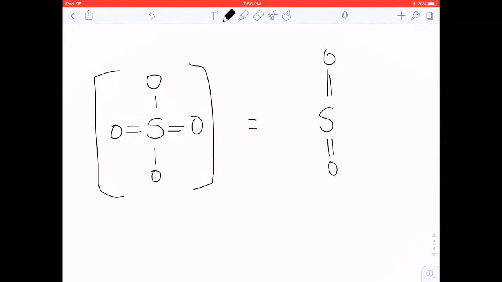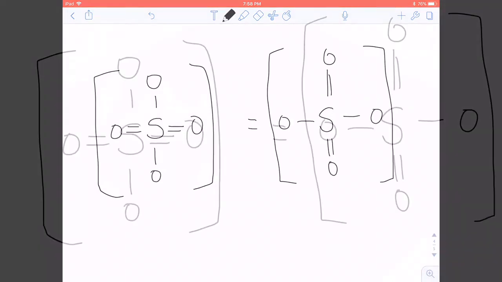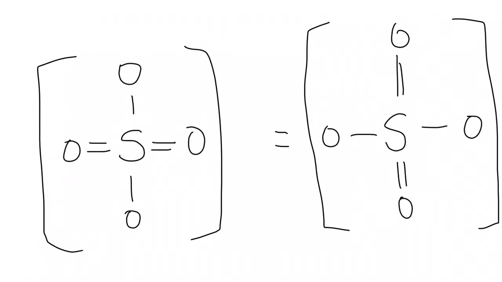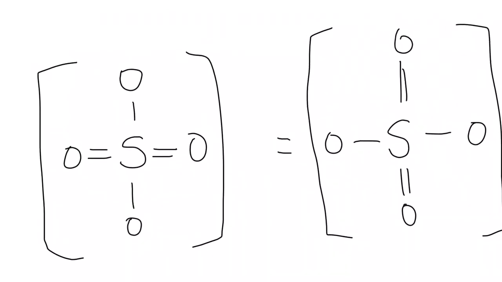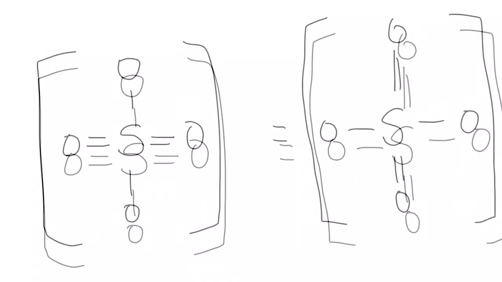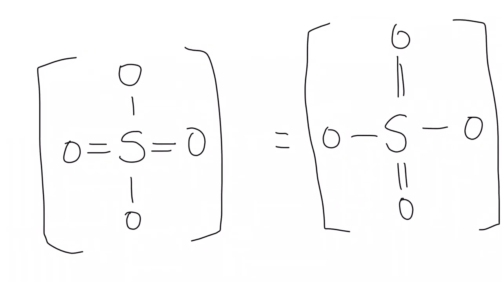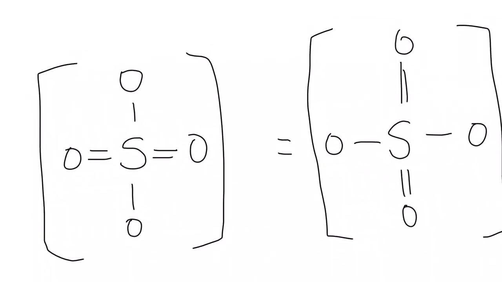So as long as you have 2 double bonds and 2 single bonds in your sulfate ion, it's just going to equal the same. So these are both correct Lewis models.